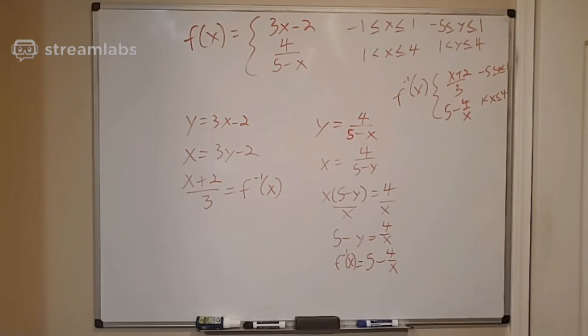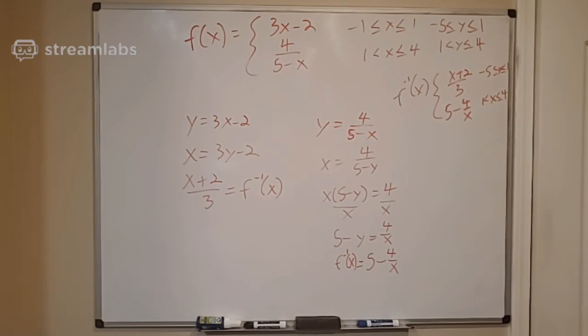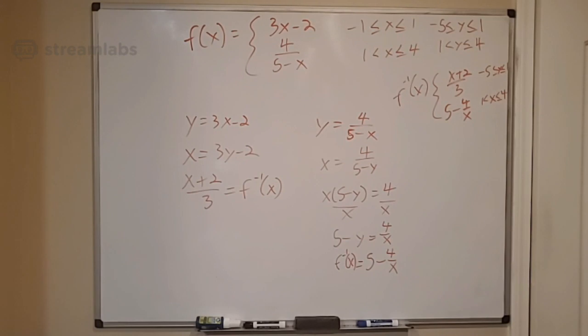It's just the range of the original function. Correct, it is the range of g, which you've already found in part B. So your answer to part B will be your answer to part C, because they're asking you basically, do you understand that the domain of g inverse is the range of g? So very good.